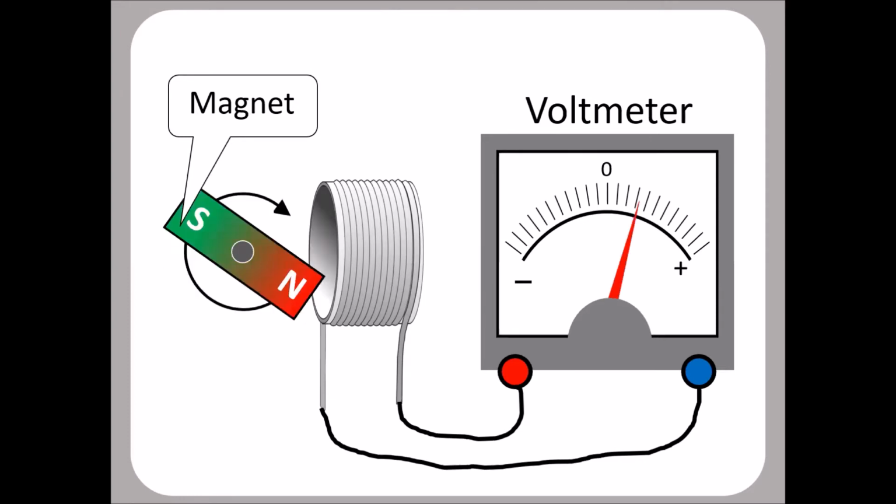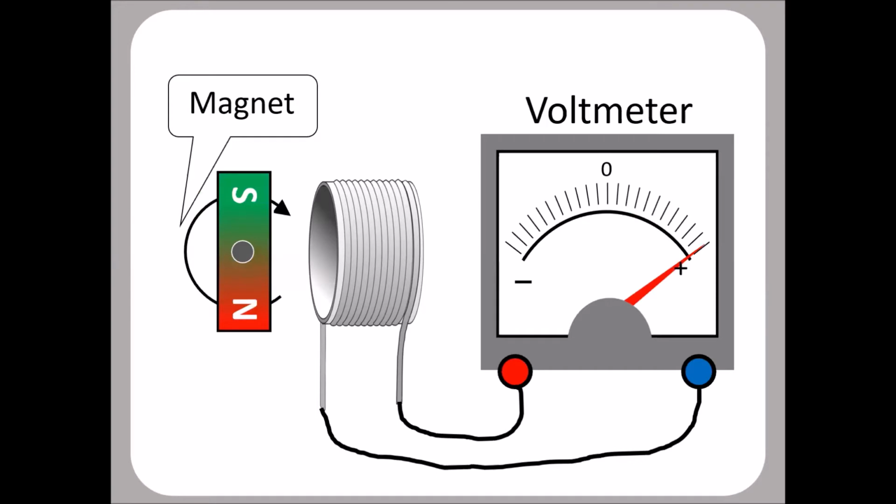So the first one would be there. See the arrow showing it going round? You've got to imagine it's whirling round. It's back to the old days before we could have movies and things. So there's a voltage produced when it's in that position, provided it's moving. Go further on. Oh, the voltage has got even bigger.